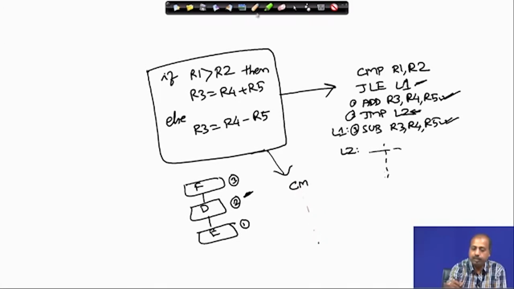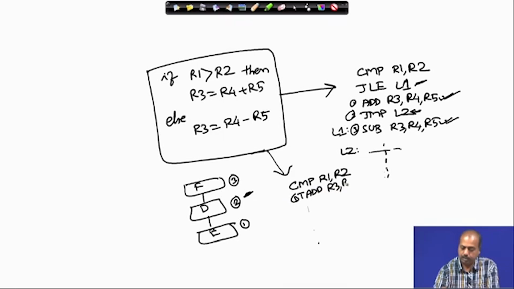Then after that it puts instructions like this: GT add R3, R4, R5, and after that we put LE sub R3, R4, R5.